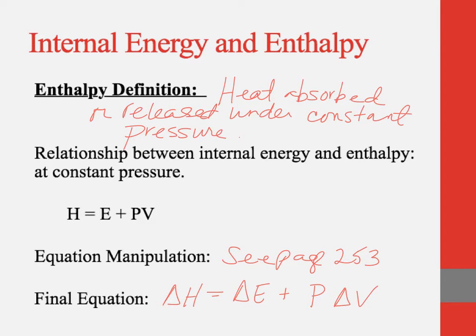Now, one thing that we have to remember in a reaction is the delta H in a reaction is going to be equal in magnitude but opposite in sign for a reverse reaction. So if the forward reaction is positive delta H, the reverse reaction is going to be negative delta H. But the magnitude, the value of that is going to be the same.